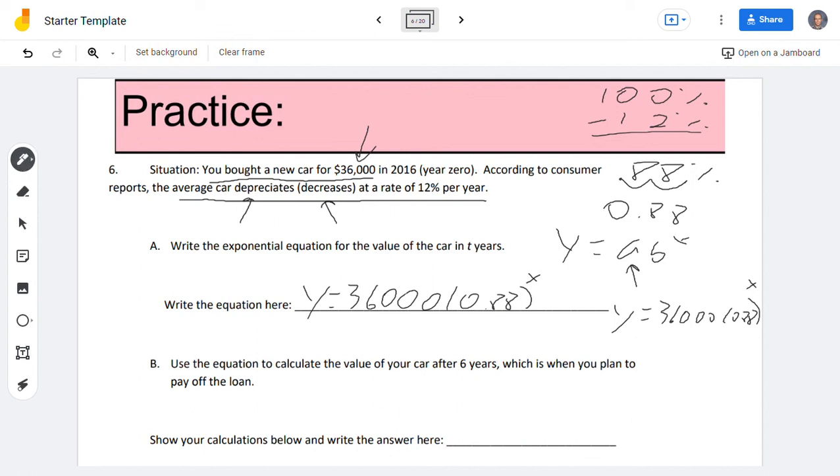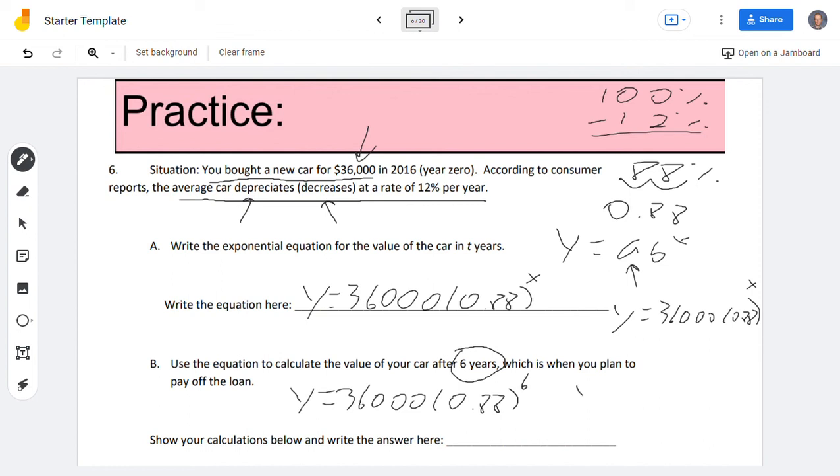We need to use that equation to calculate the value of our car after 6 years. That's what this next question asks us to calculate. So here we plug in y equals 36,000 times 0.88, and the value that we're going to plug in is that 6.